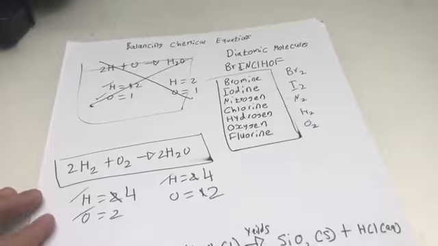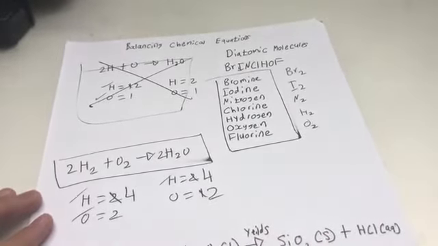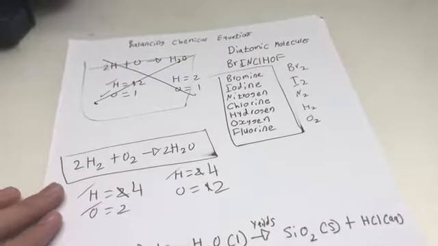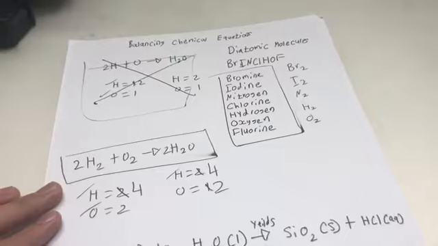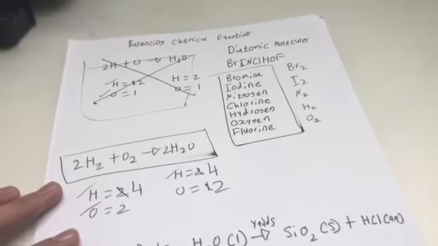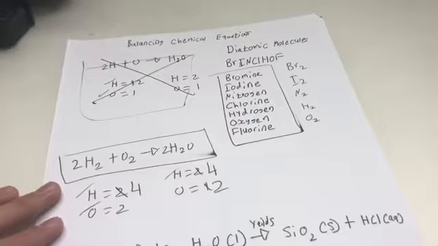So let's get to work. Remember our rule: hydrogen second to last, oxygen last. So let's get started: Si, Cl, and hydrogen and oxygen. Here Si equals 1, Cl equals 4, oxygen equals 1, and hydrogen equals 2.